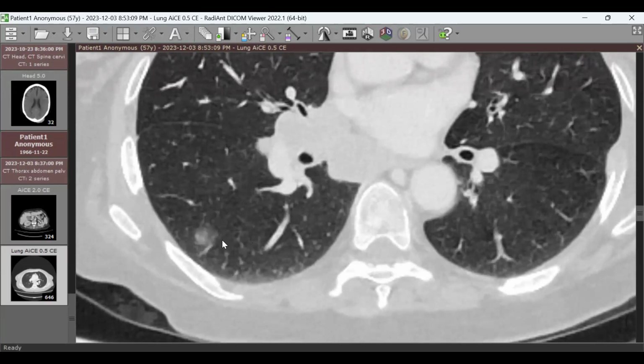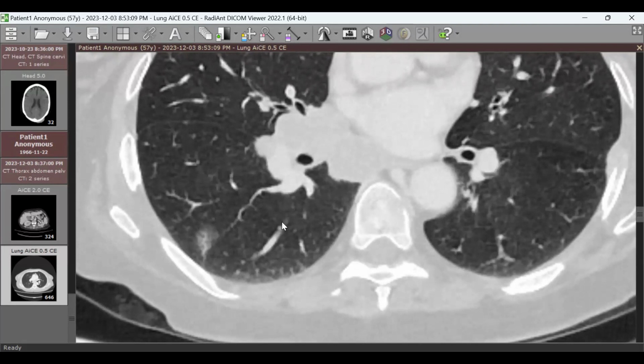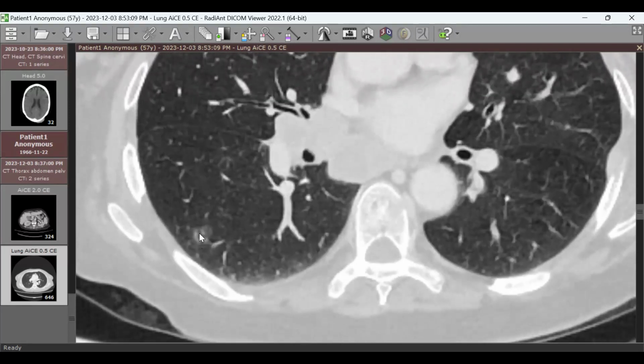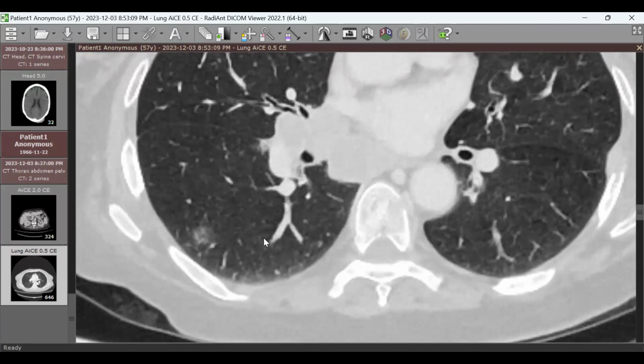But if there are any solid elements, less than 5 millimeters, it could be minimally invasive adenocarcinoma. All of these were called bronchoalveolar carcinoma. Now they are called adenocarcinoma. Another important feature is these dark things here, lucencies associated with the lesion.